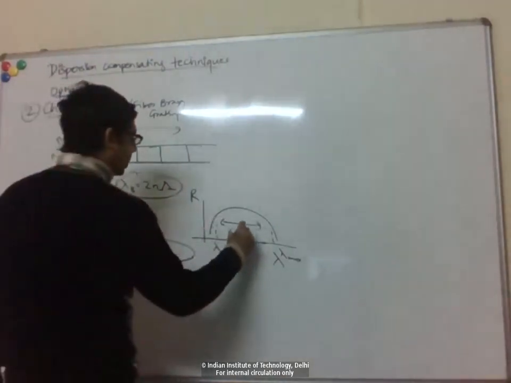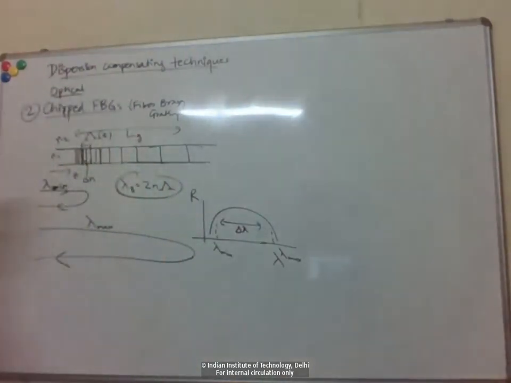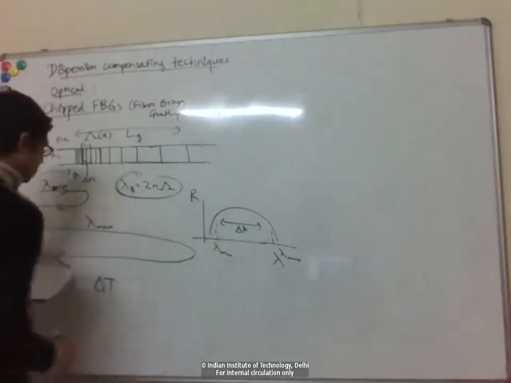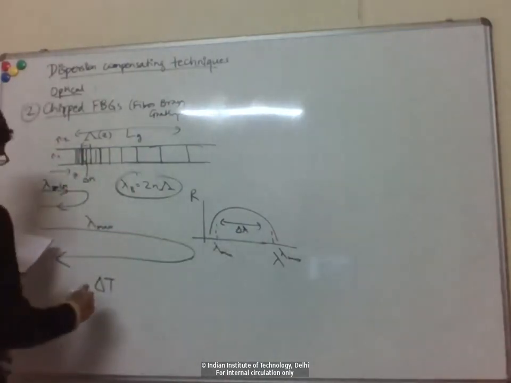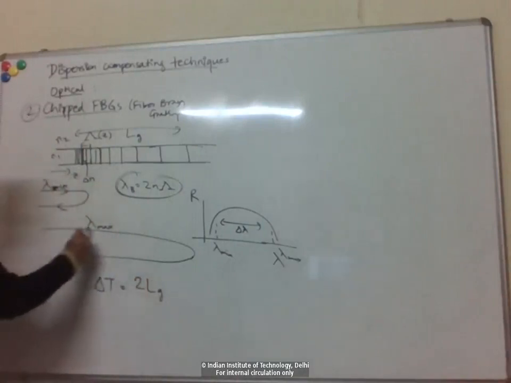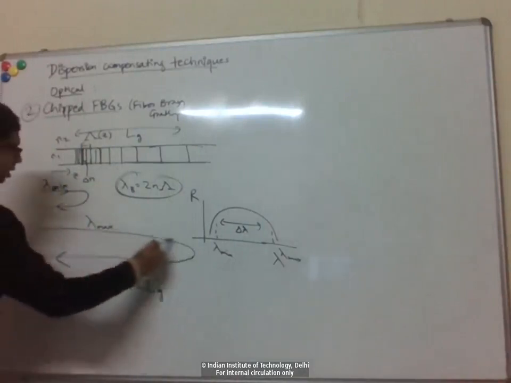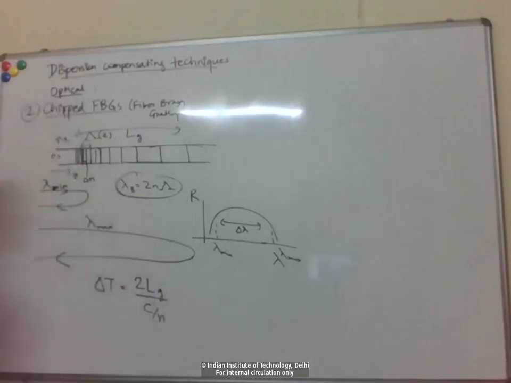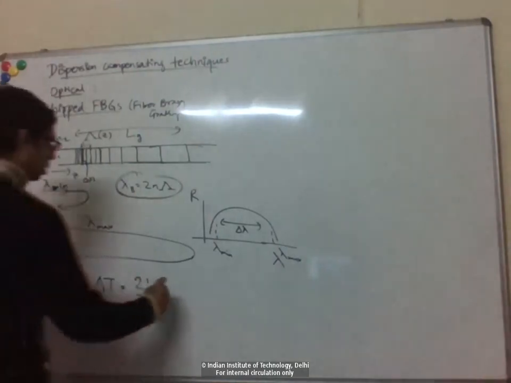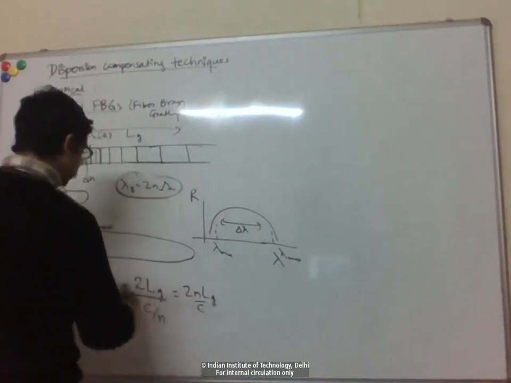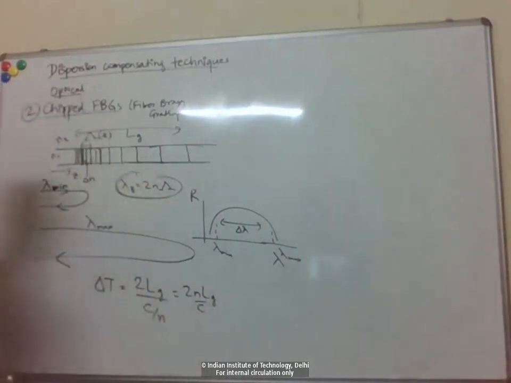So if there is some bandwidth here, delta lambda, the delay between these two wavelengths is basically the extra path length traversed by this wavelength divided by the speed. Okay, so that's the delay between these two, right?